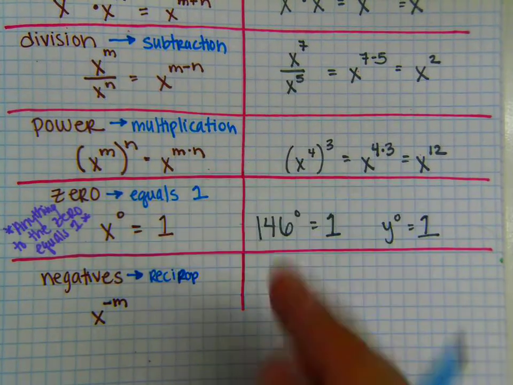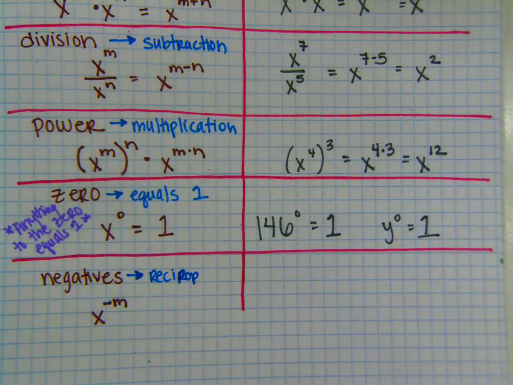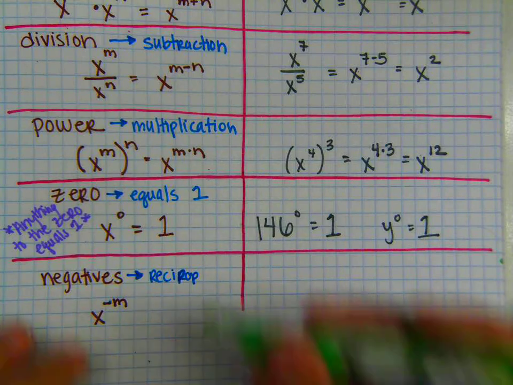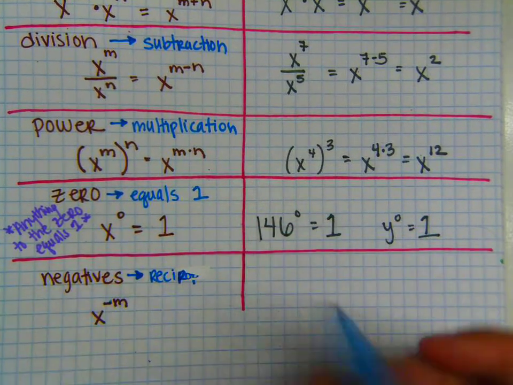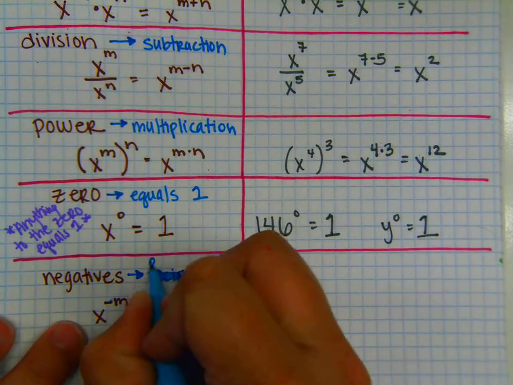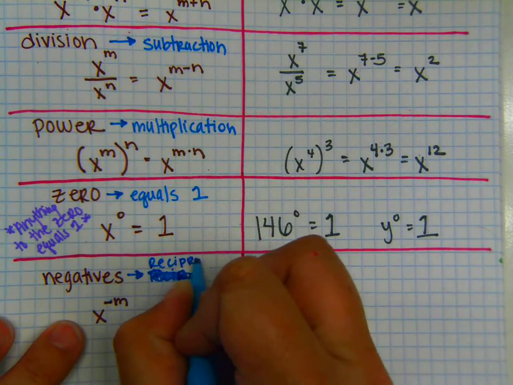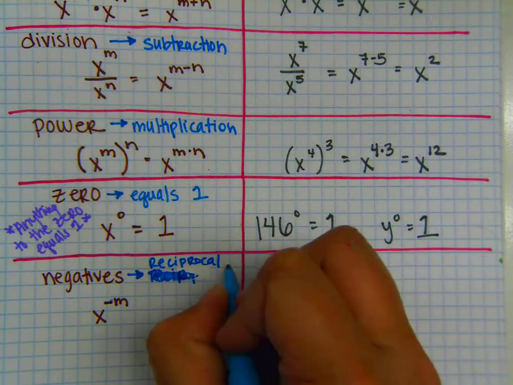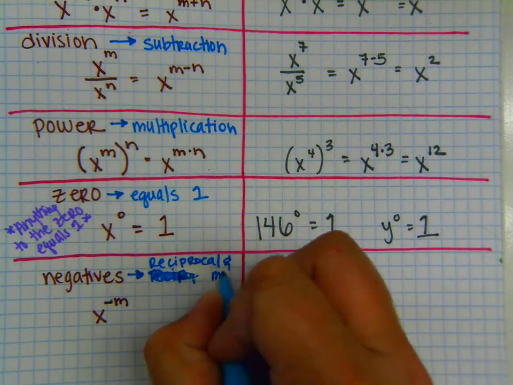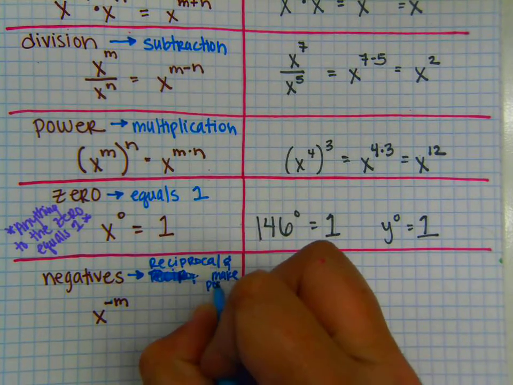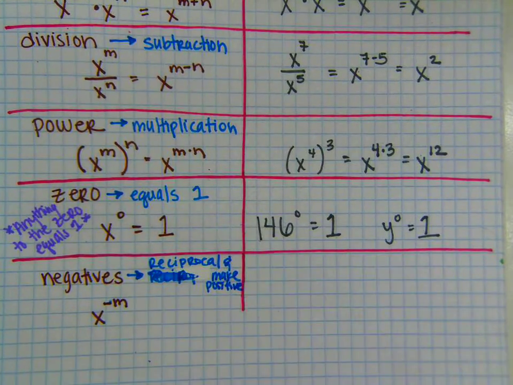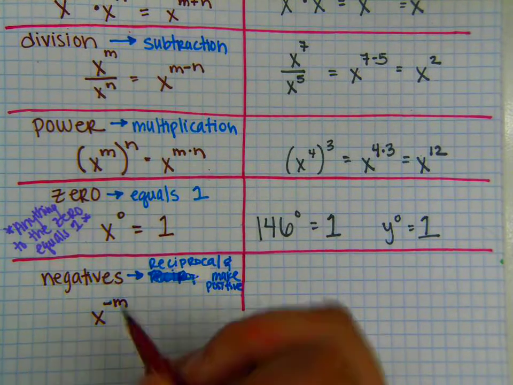I apologize, I just spelled that wrong. Give me a second. Reciprocal and make it positive. Now reciprocal means you're going to flip it and you're going to make it positive.